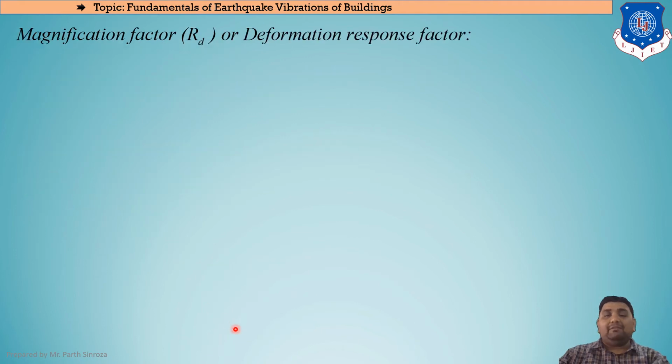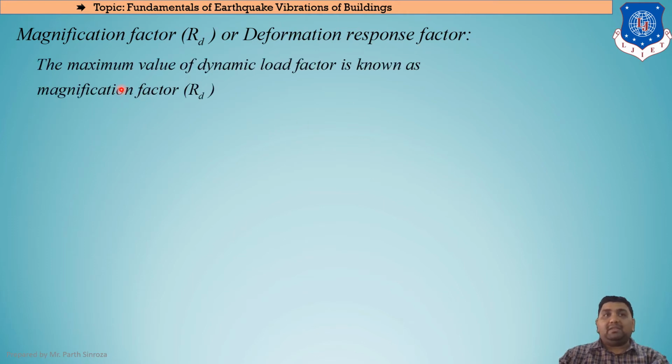So moving across, we will look at what the magnification factor, or Rd, is. It is also termed the deformation response factor. It can be asked as explain or define magnification factor, or define deformation response factor. So Rd is the maximum value of the dynamic load factor. The maximum value of the dynamic load factor is termed Rd, or you can say the magnification factor.